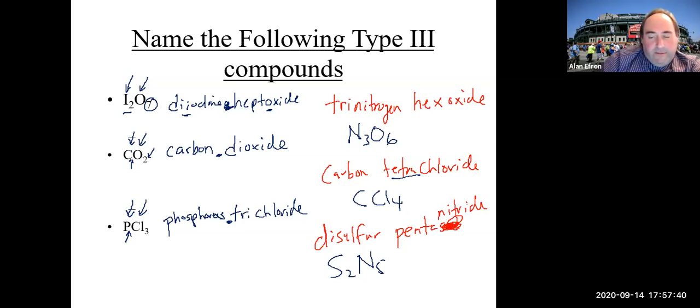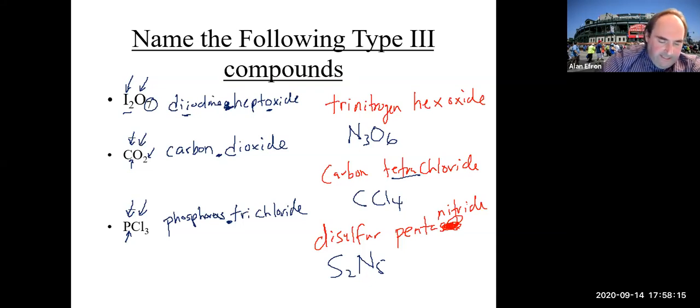NO2 would be the empirical formula, which is just the simplest whole number ratio of what's present, while N3O6 would be the molecular formula, which tells you exactly what's present. So they probably are different things, but they're related to each other in that sense. They're basically whole number ratios of each other. Other questions on that?